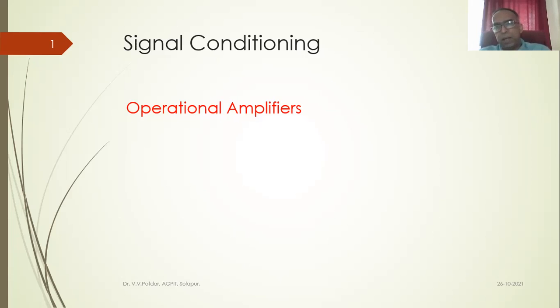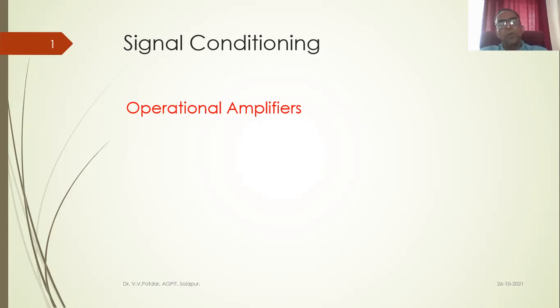So in the signal conditioning devices, first of all, we'll study some amplifiers. As we have seen in the last class, the signals coming out from the sensor transducers are less in magnitude, or weak signals.